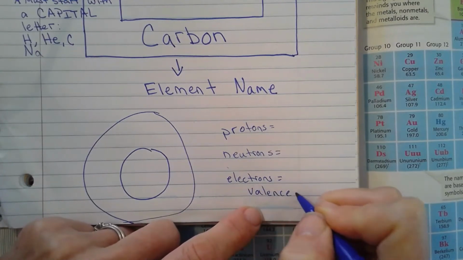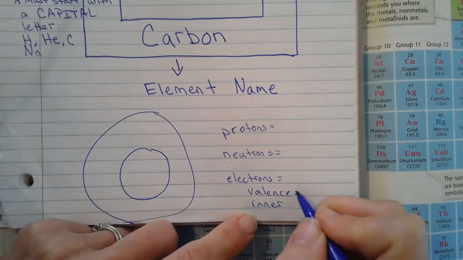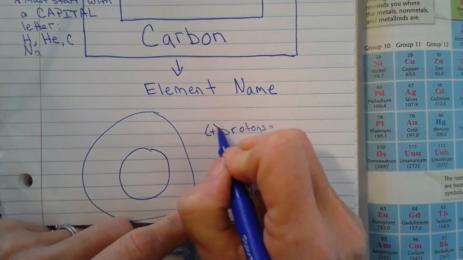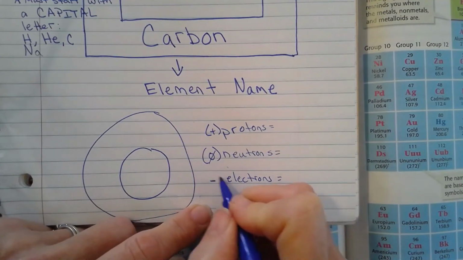I'm going to have a valence electron, and I'm going to have an inner electron. My protons, remember, are positive. My neutrons have no charge. And my electrons have a negative charge.